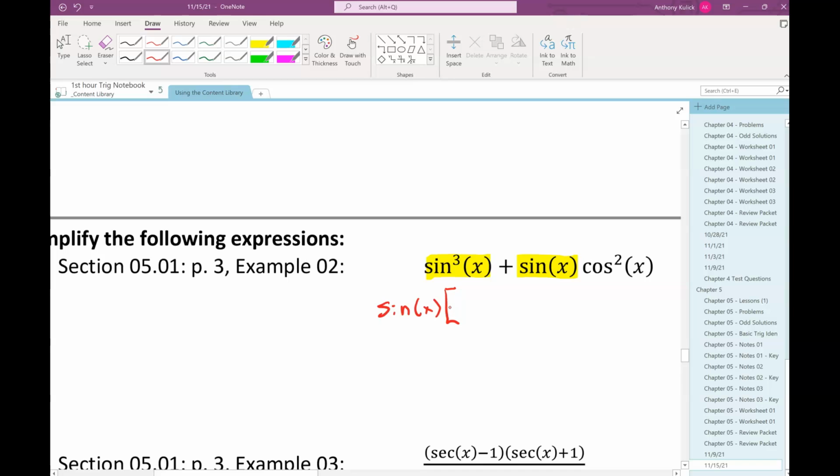Okay. So when I factor that sine x out, what does sine cubed become? It turns into sine squared. And what does sine x times cosine squared x turn into? Cosine squared x.